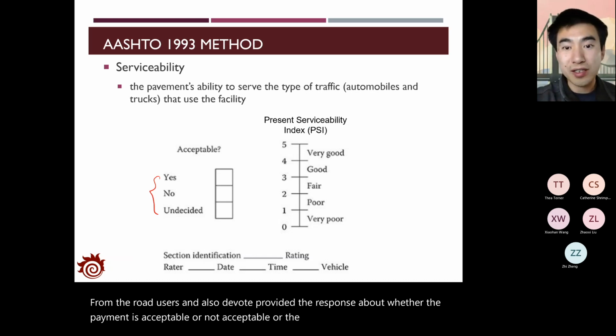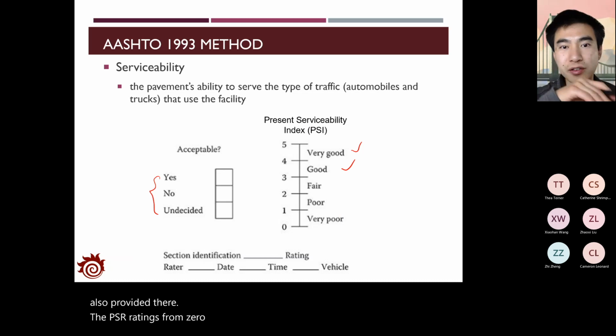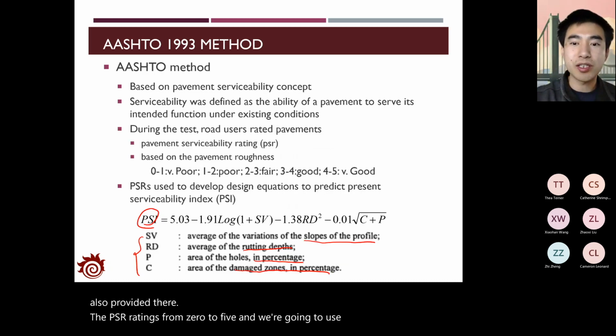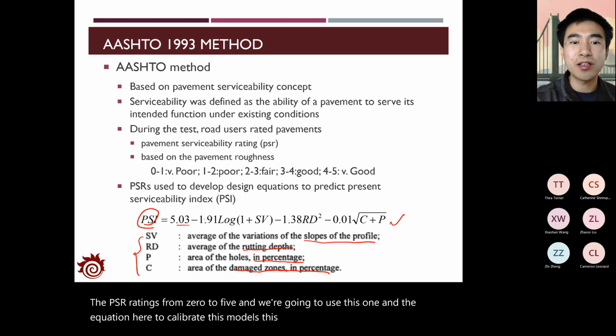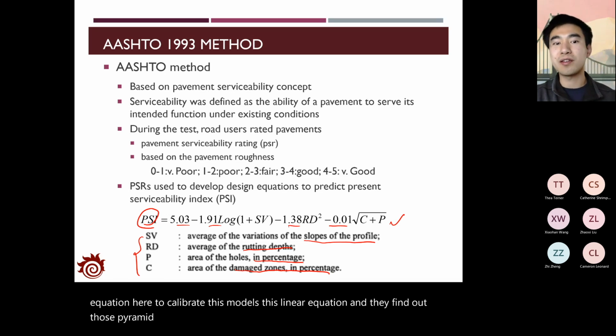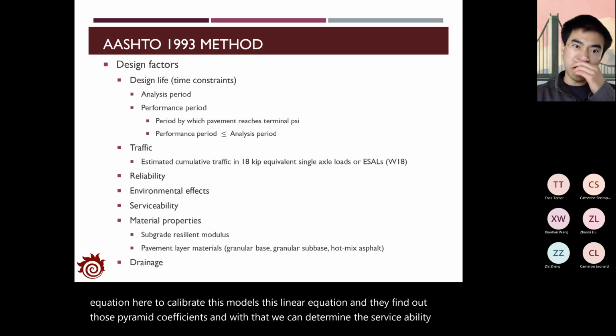So they will also provide the PSR ratings from 0 to 5. And we're going to use this and the equation here to calibrate these models, this linear equation, and we find out those parameter coefficients. And with that, we can determine the serviceability index theoretically.